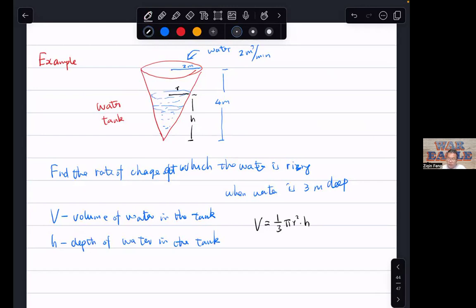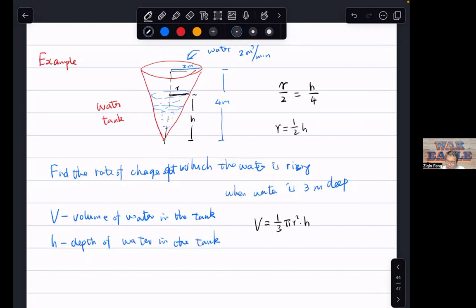We are given dV over dt. We are not given dR over dt, so we need to somehow cancel R. Look at this triangle here. We know that, by similar triangles, R over 2 is the same as h over 4. So R is 1/2 h.